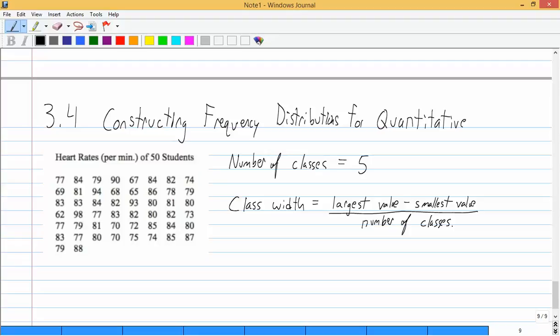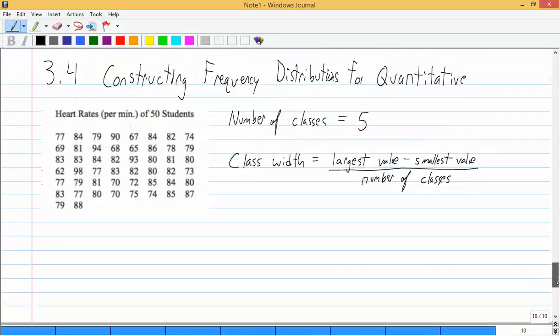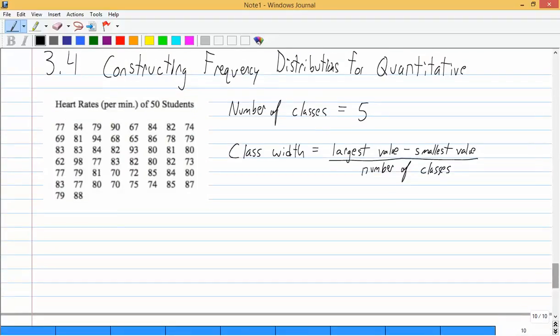Okay, so let's take our set of data, and let's figure out what was the largest value in that set of data. I see a 90. I see a 98. Alright, so I think 98 is the biggest number.